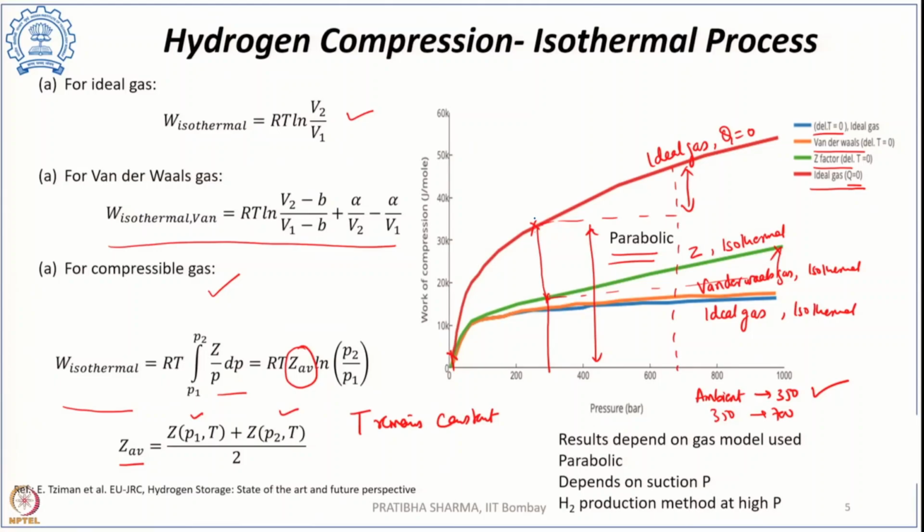Another process: earlier was the isentropic compression process, now is the isothermal compression process formula. Okay, this formula is also important, the isothermal process: RT ln V2 divided by V1.